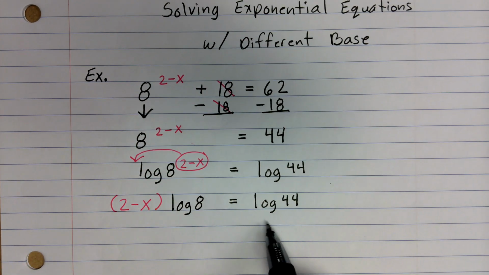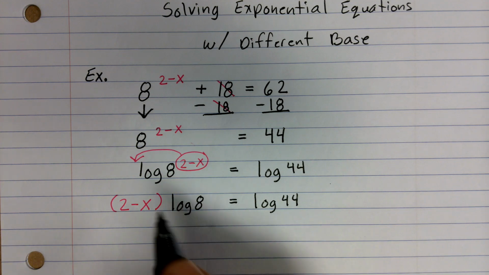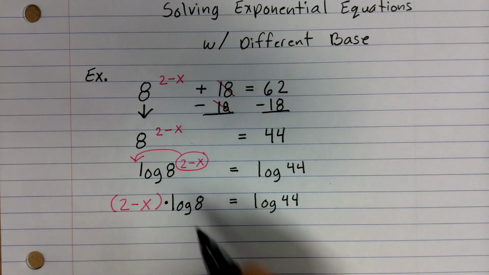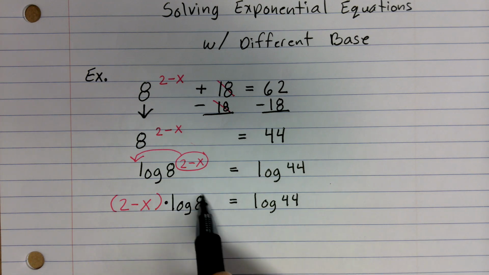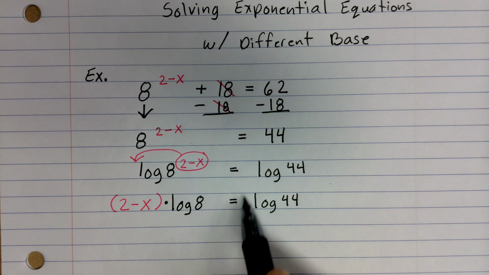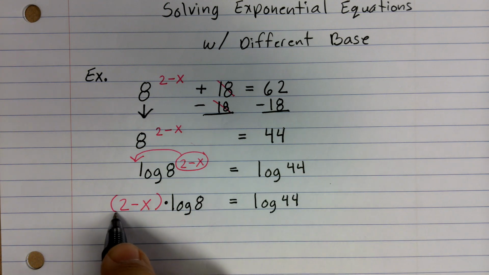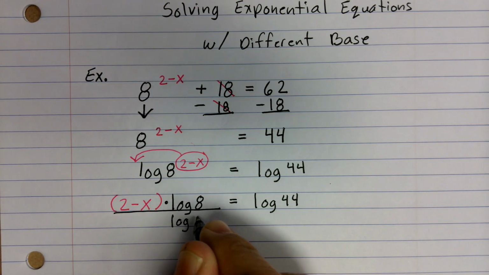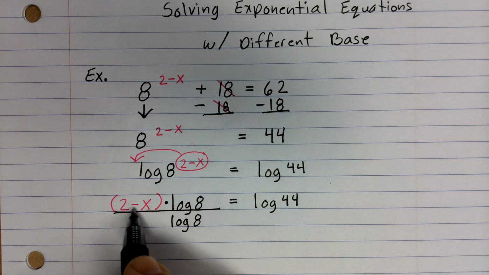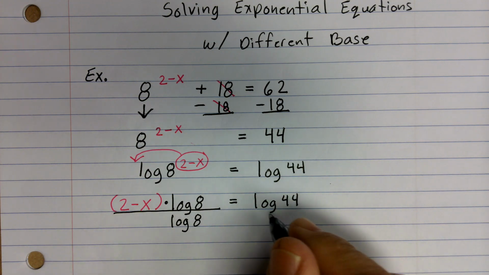Well, what we can do is we have a log here and a log here, and this is simply being multiplied. I'm going to put a dot there just to remind you. So at this point we want to divide out this log of 8 on the left and divide it out on the right using inverse operations. So I'm going to draw my line underneath. I'm going to divide by log 8 to get it away from my exponential power, which was 2 minus x.